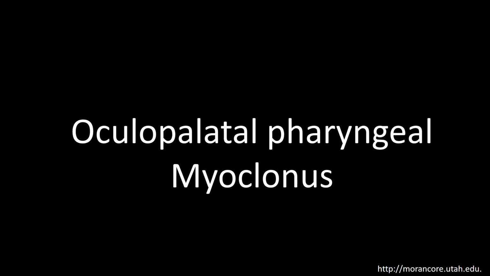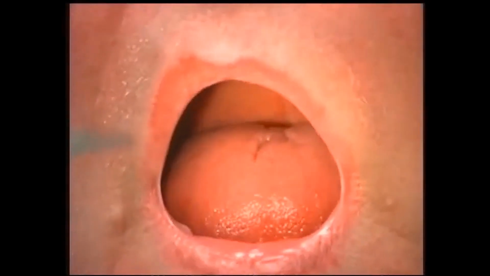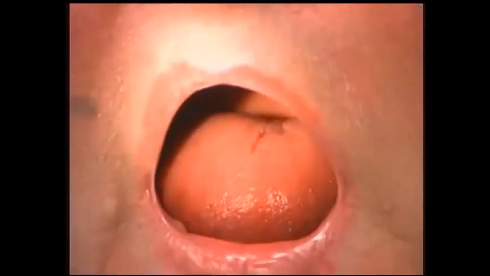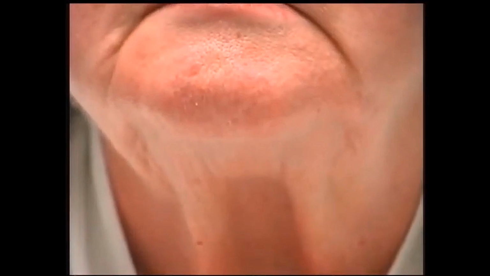And oculopalato-pharyngeal myoclonus, as you can see in this 35-second video, first in the eyes, now the myoclonus in the palate, and now the pharyngeal myoclonus.